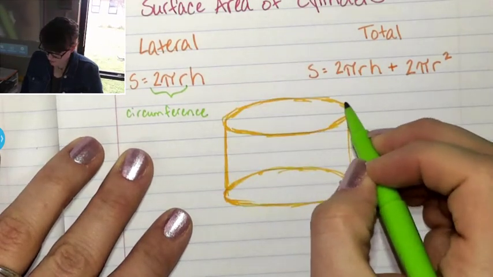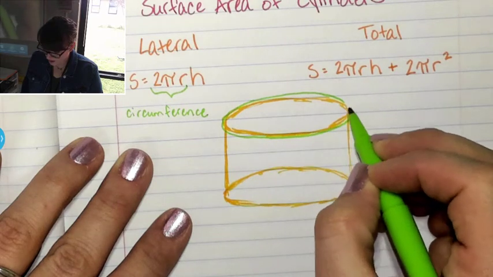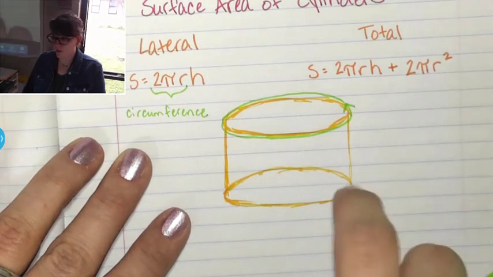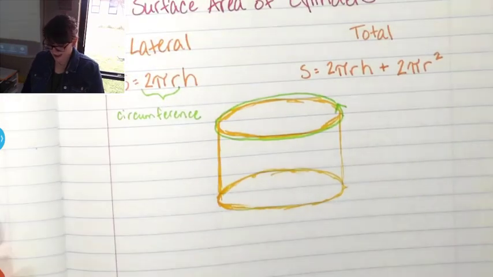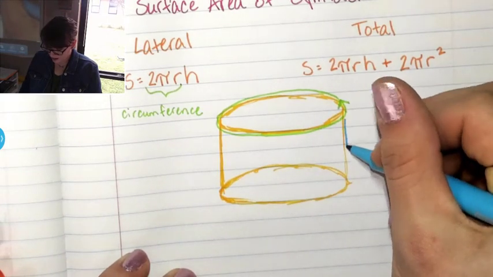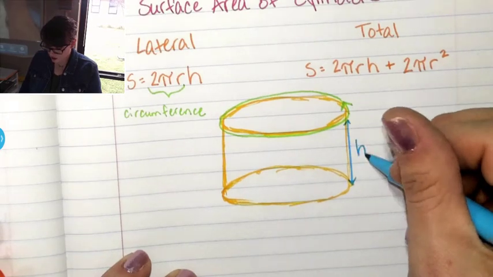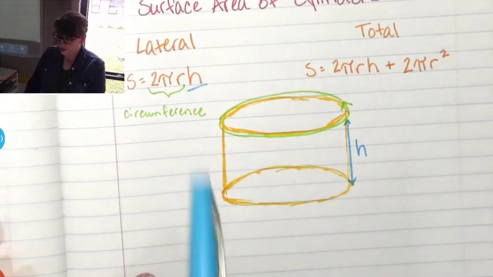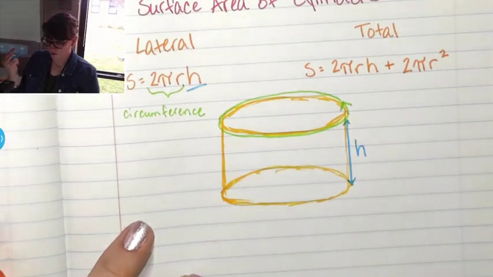And remember that circumference was the distance around the circle, which means it's the length of the rectangle. Height is the height of the rectangle. So from here to here, the distance between your bases, that is h, height. So this tells me the area of the rectangle that wraps around the circle.